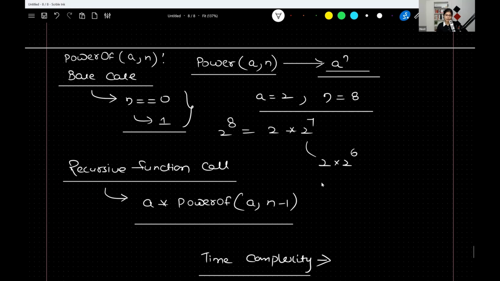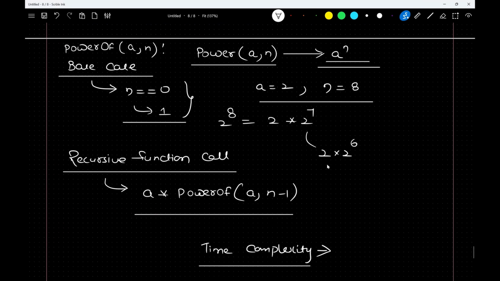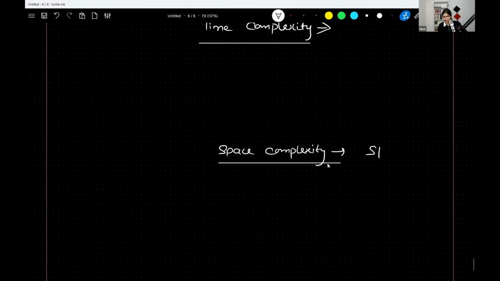First of all, let's talk about the space part. How much is the space requirement? Order of n. Very good. It's order of n. You will use stack space, and whatever the value of n, the power term, that many function calls you make during the computation. So that is big O of n.